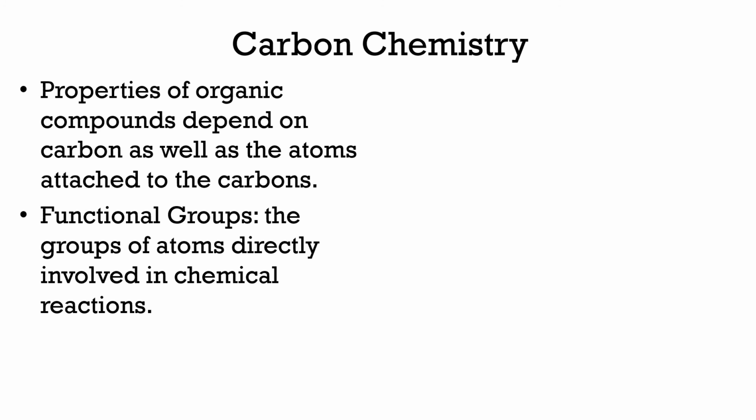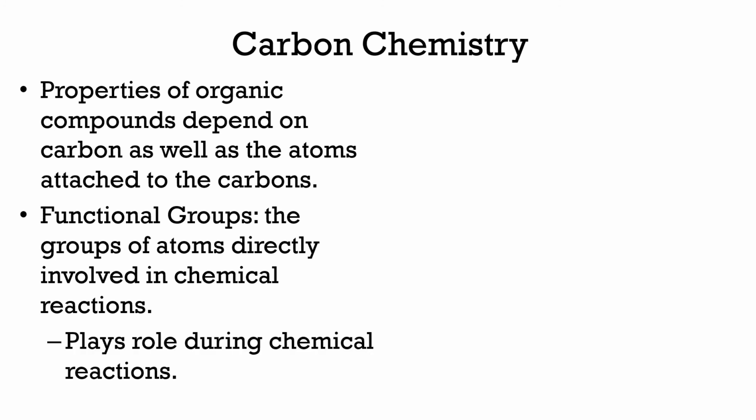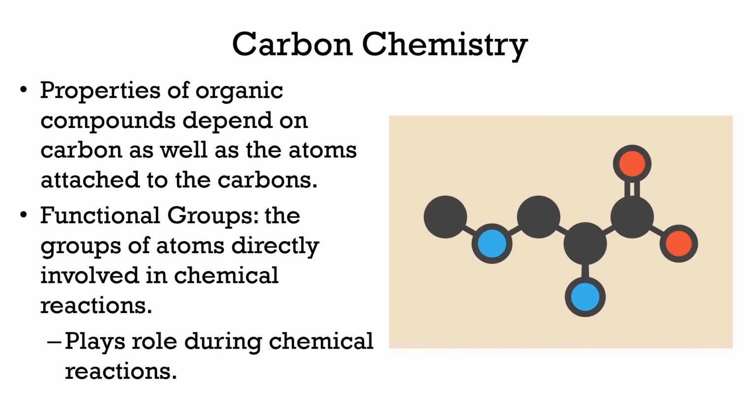And so that is showing you how the function is determined by that structure. Okay, and so we will look at a lot of these functional groups throughout the semester and see how they're interacting and how they work and basically provide the function for these different molecules.